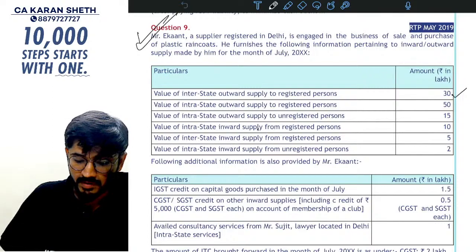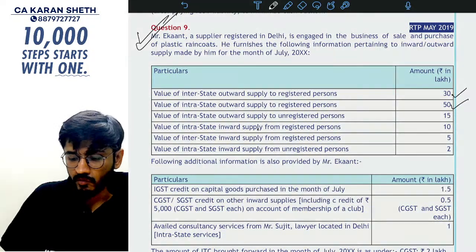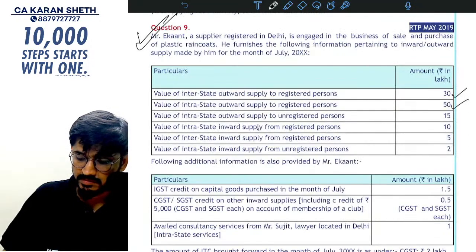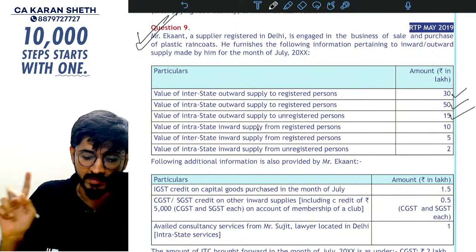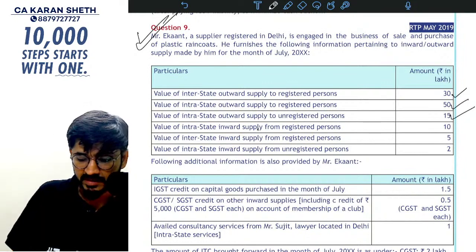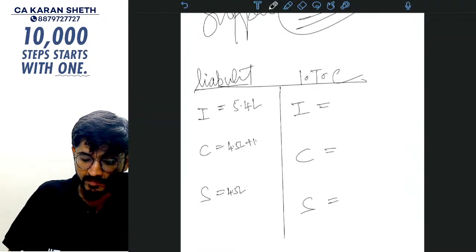Second, intrastate outward supply 50 lakhs, 9% CGST, 9% SGST, 4.5, 4.5. Next, 15 lakh intrastate outward supply. Intrastate outward supply to unregistered person. Again, 1.35, 1.35.